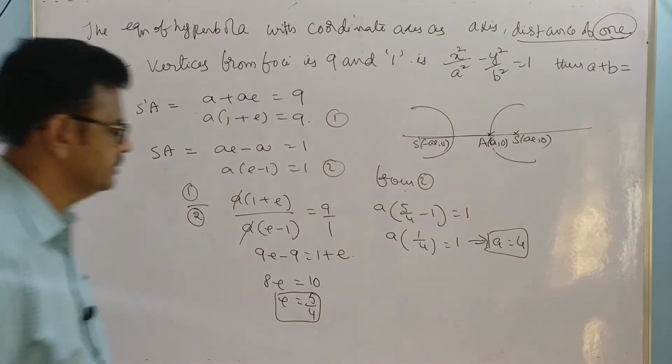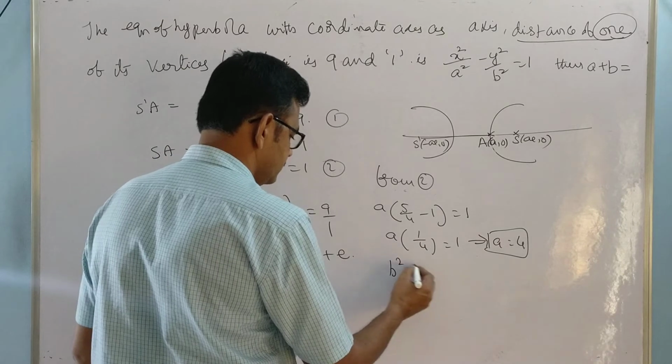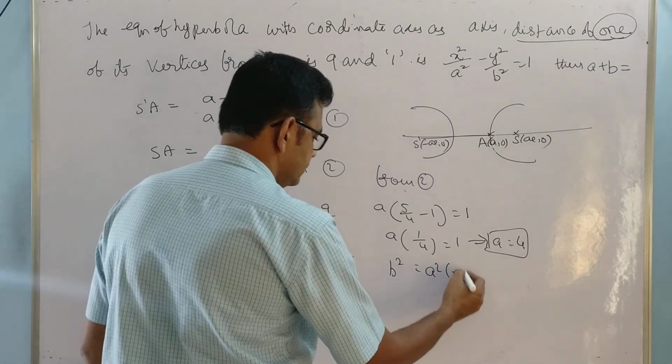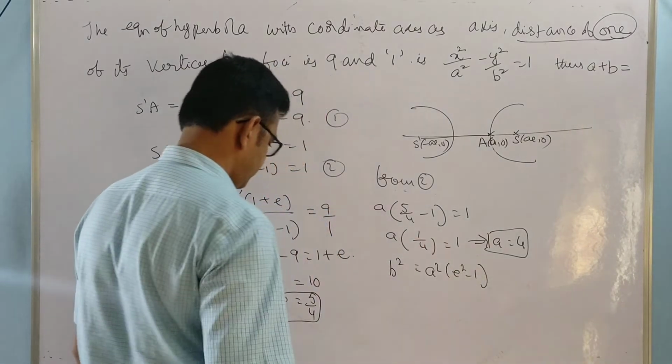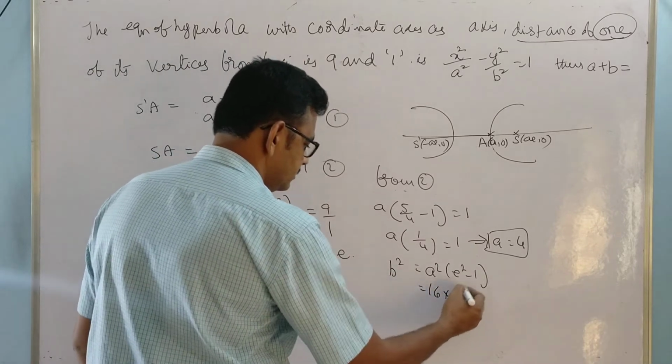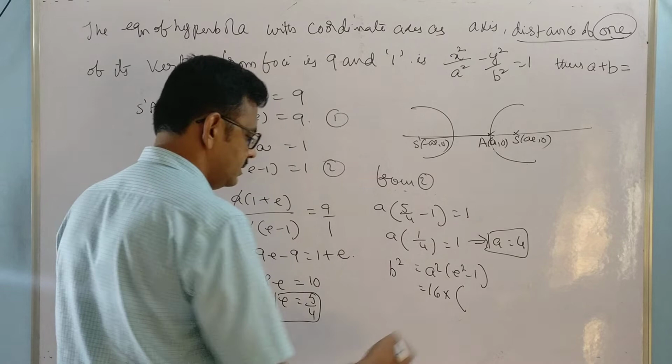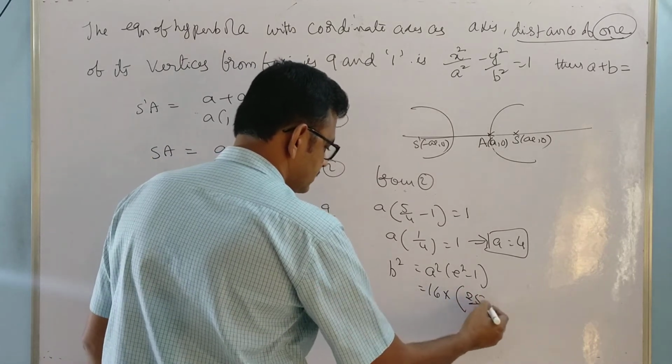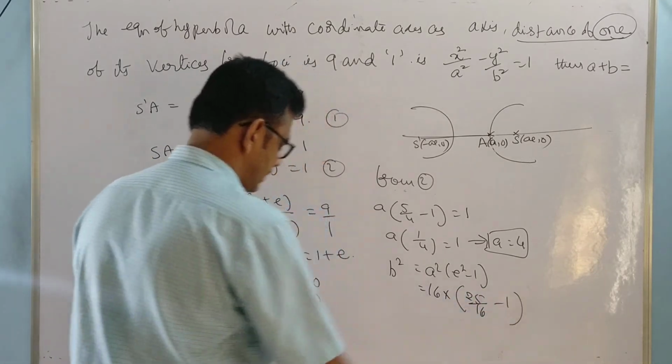How to find b? b square is equal to a square into e square minus 1. a square is 16 into e square, 25 by 16, minus 1.